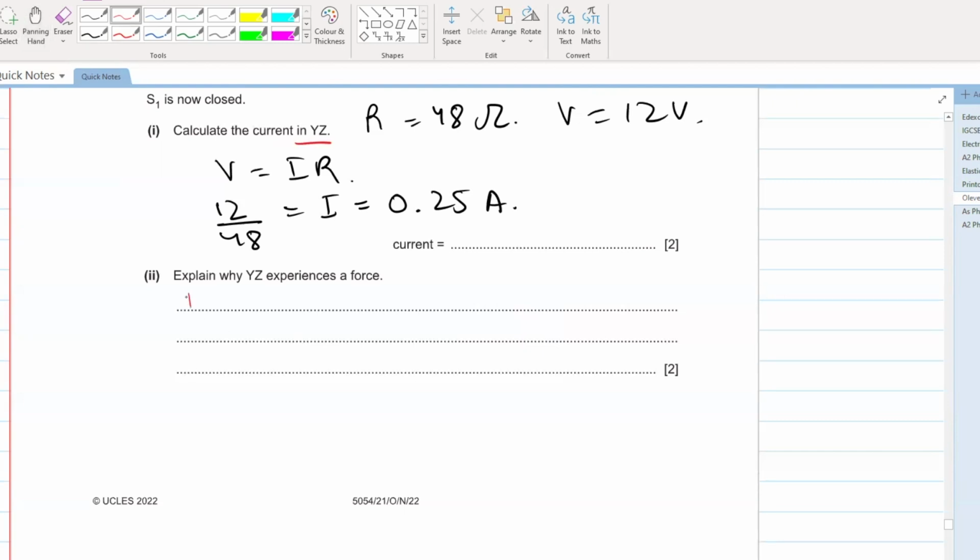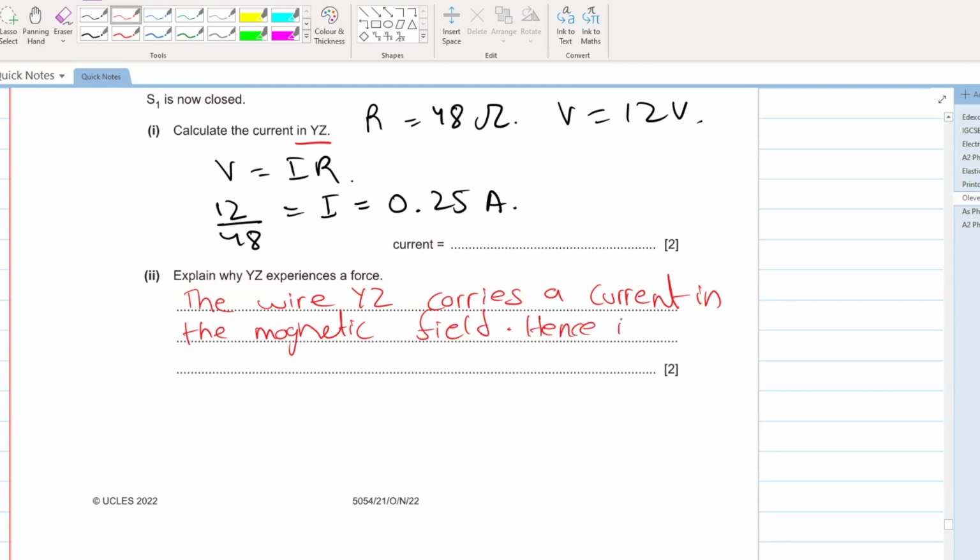The wire YZ carries a current in the magnetic field, hence it experiences a force. Simple. Let's further move ahead.